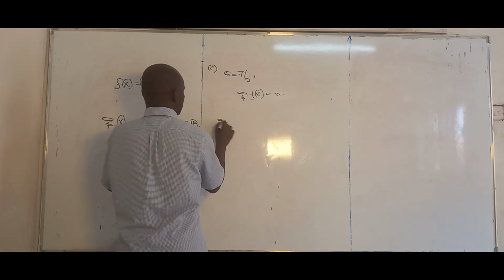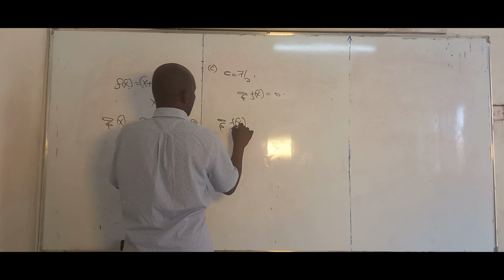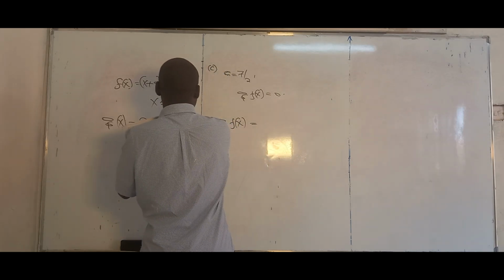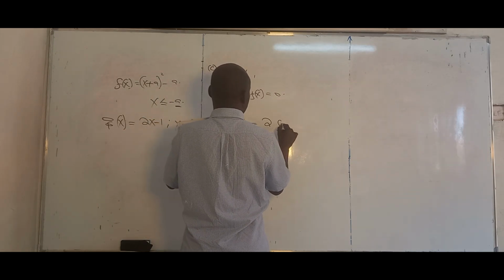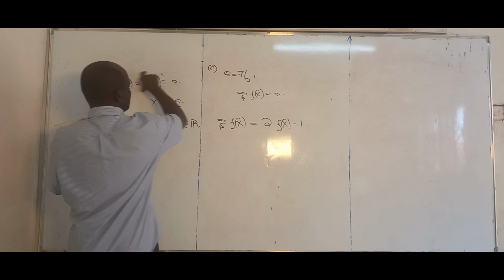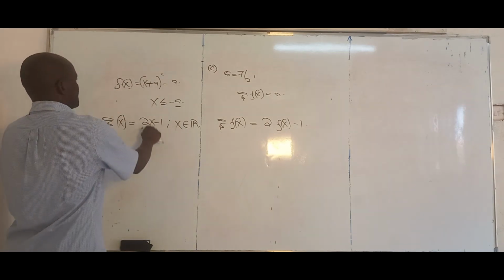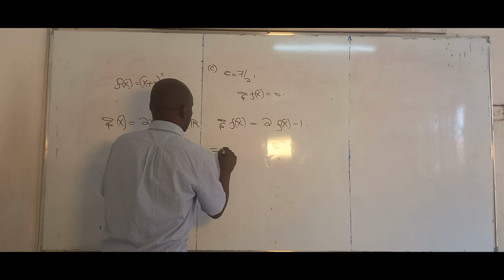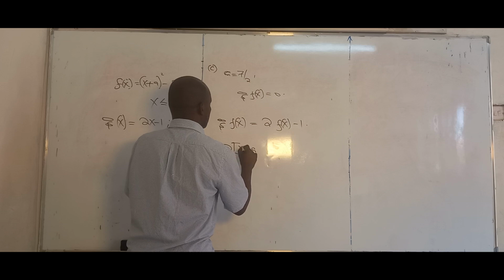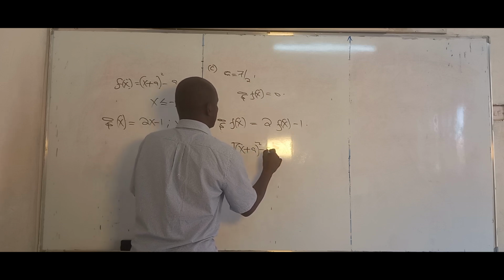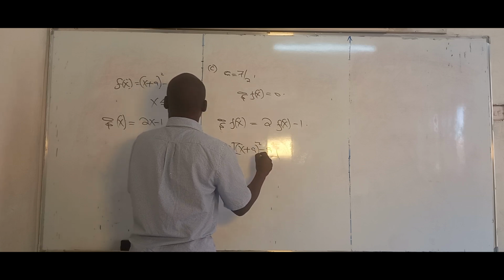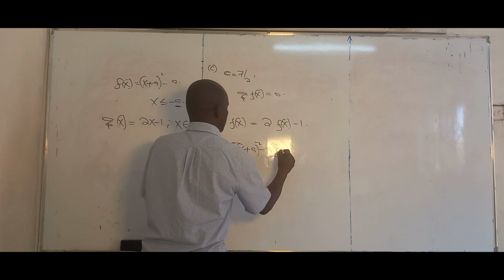So if I want g f of x, then I'll simply be saying this is 2 into f of x minus 1. Where there is x, I put this. That just meant that I have 2 into x plus a squared minus a, minus 1 like that.